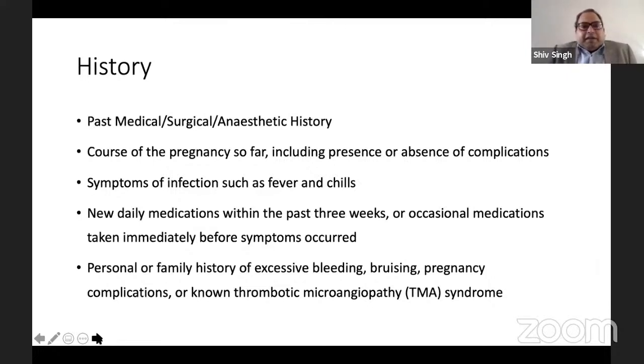You need to look at if the patient has been introduced to any new medication in the past 3 weeks, or is taking any occasional medications which may cause thrombocytopenia. A family history or personal history of excessive bleeding, bruising, pregnancy-associated complication, or if there is any known history of thrombotic microangiopathic syndromes.